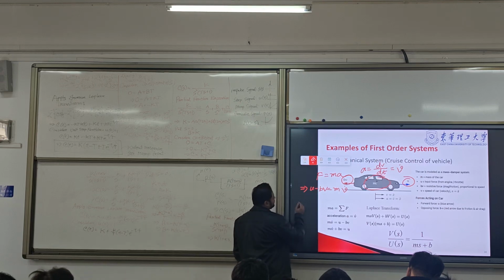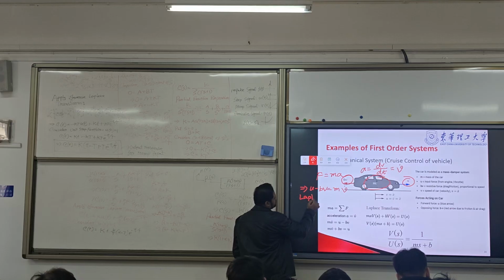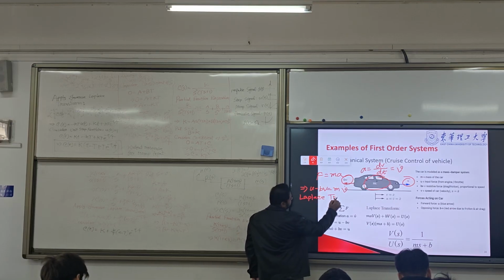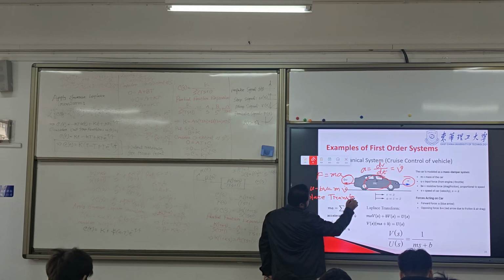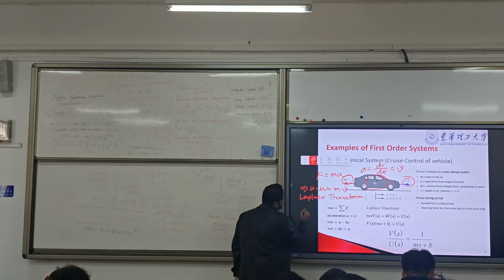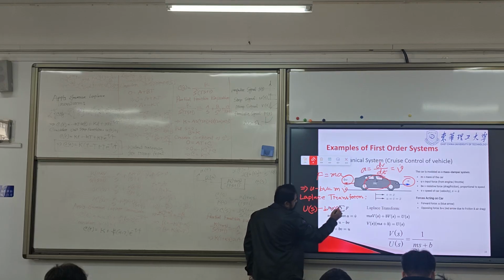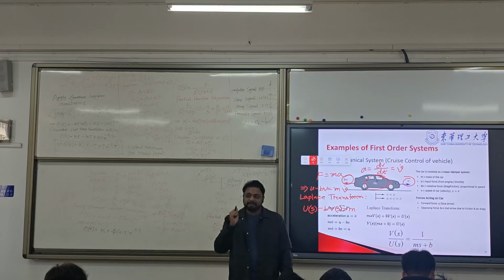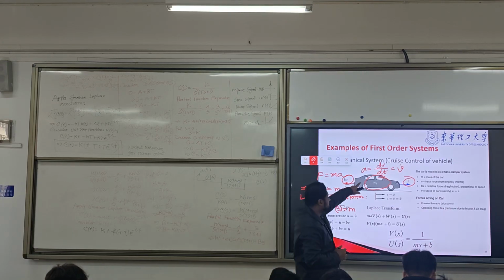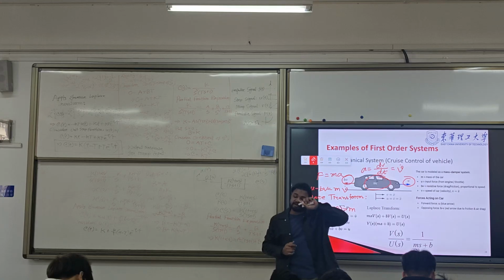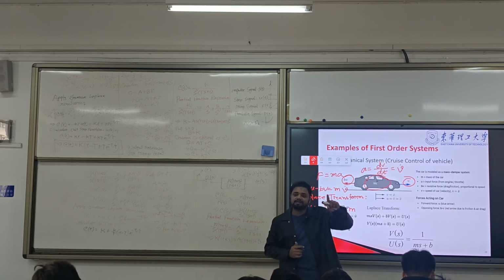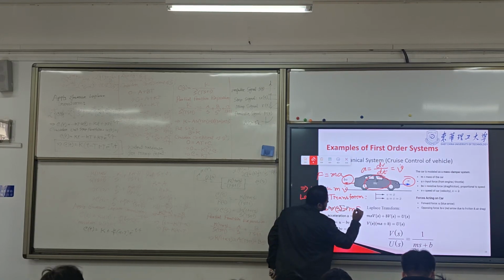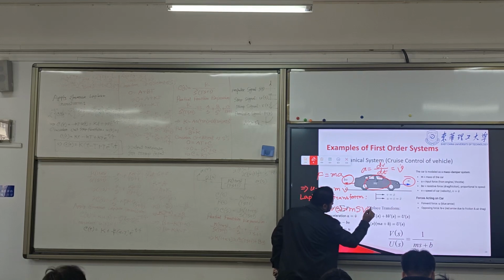So how do you apply the Laplace transform? Apply Laplace: u becomes U(s), minus b into V(s), is equal to m into v dot. In time domain v dot is dv by dt, so we already know that if there is a derivative, then s will be multiplied: s into V(s).